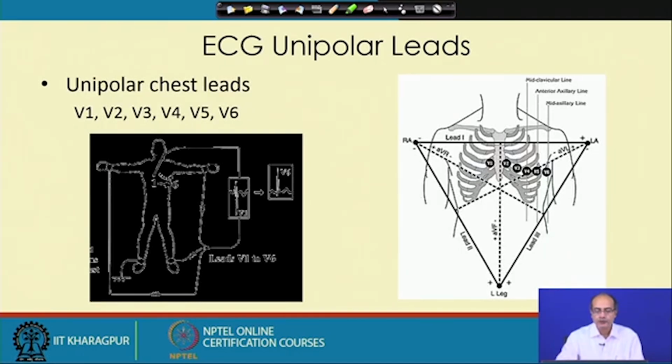Now, we go for another kind of unipolar leads. These are called unipolar chest leads. When we have the bipolar leads or AVL or AVR, these kinds of unipolar leads, we are taking the ECG signal from far away from our heart. If we take the signal from far away, it is very difficult to tell which part of the heart is contributing how much.